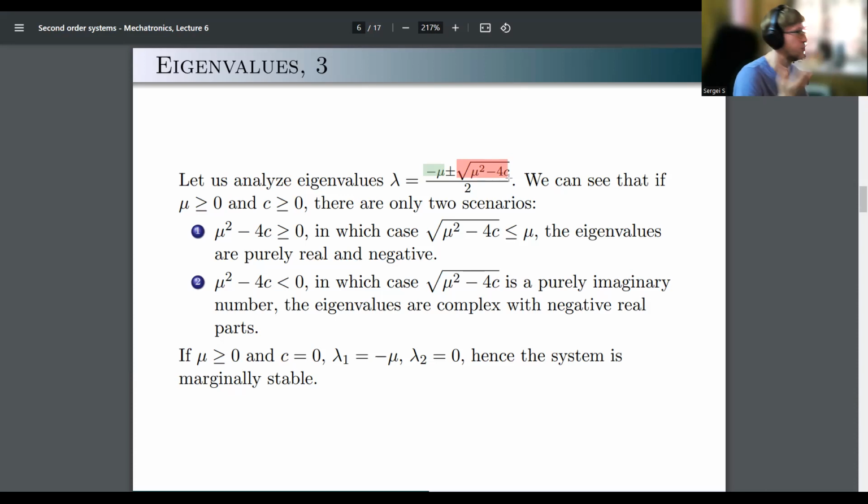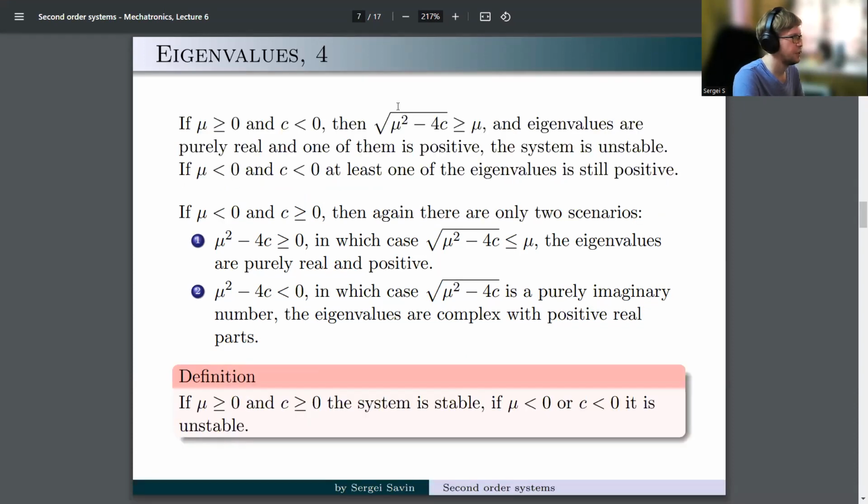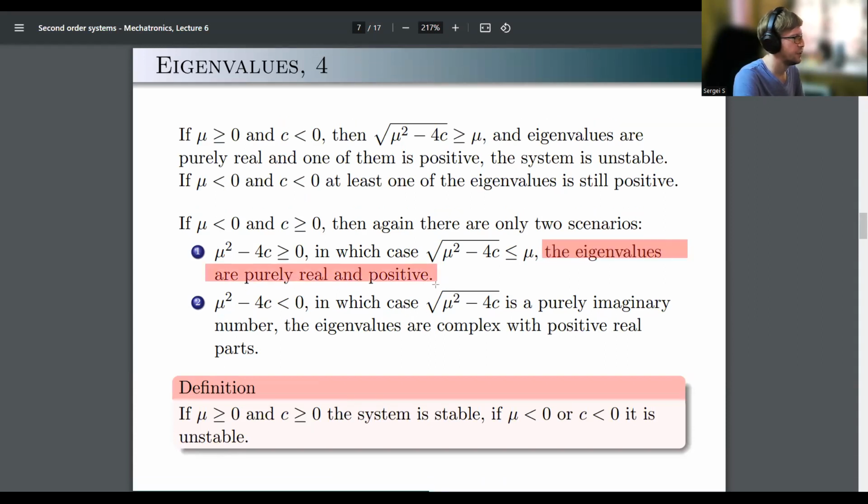Positive minus a small positive is still positive, and positive plus a small positive is a bigger positive number. So both are positive. That is even worse than before. Now both eigenvalues are real and positive, so unstable, no questions.